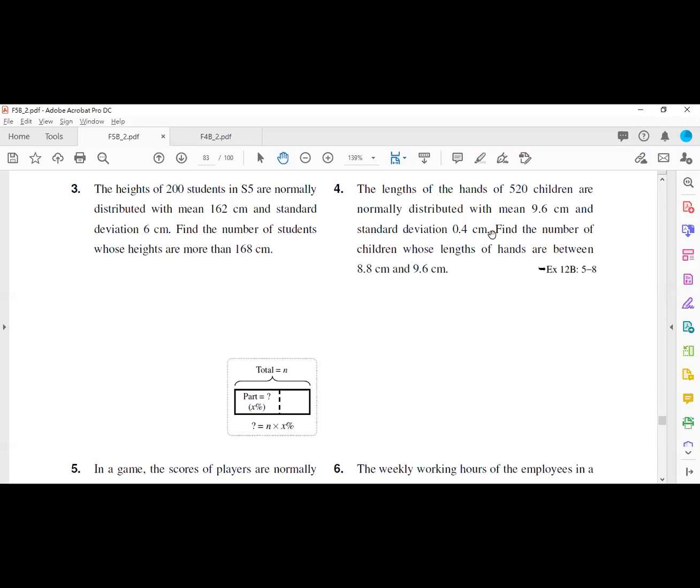Okay, and then all we need to do is to find the percentage and then multiply by the total number. Then after multiplying the total number, the number we have obtained will be the required number, okay, of those within the range. Okay, so question number 3.